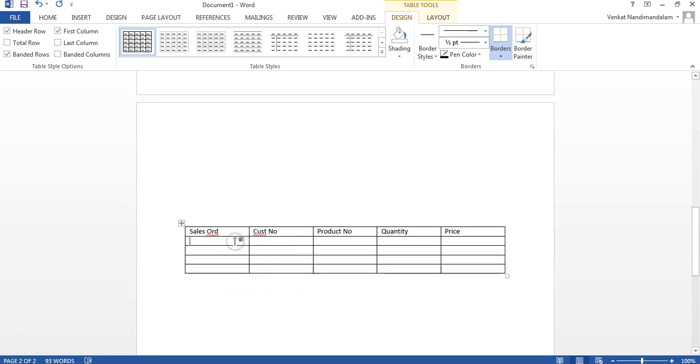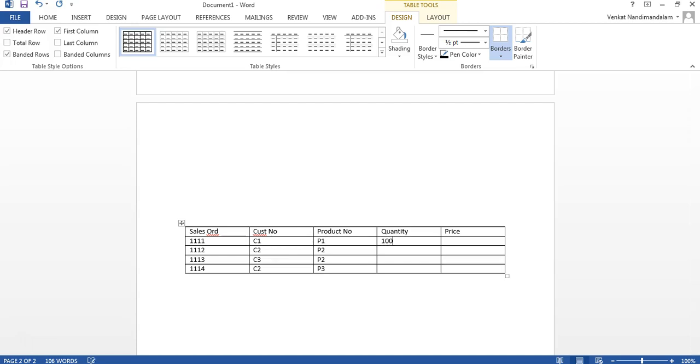Okay, so I've got my sales orders 3-1-1, 3-1-2, 3-1-3, 3-1-4, and my customer numbers are C1, C2, C3, then C2. Product numbers are P1, P2, P2, P3.